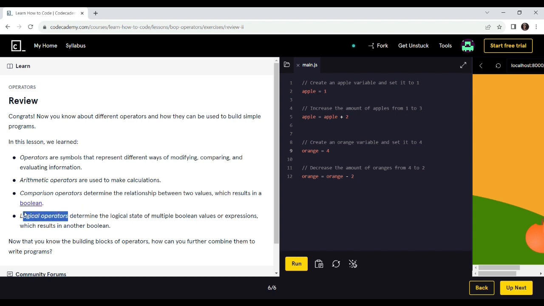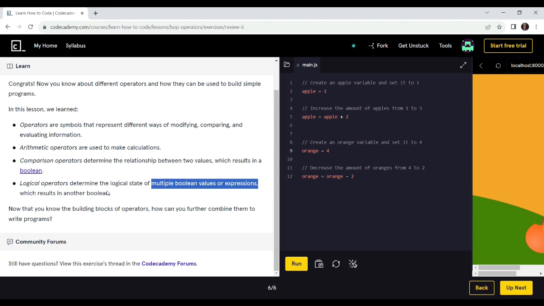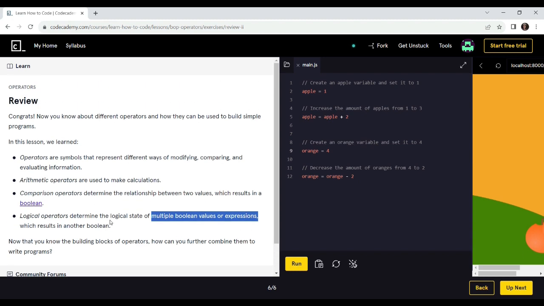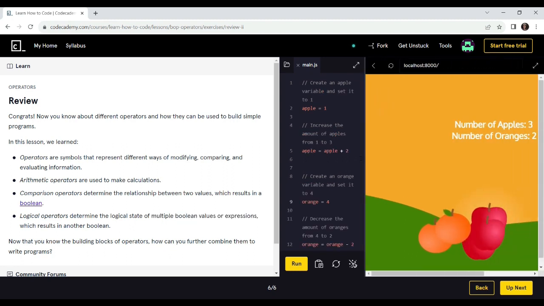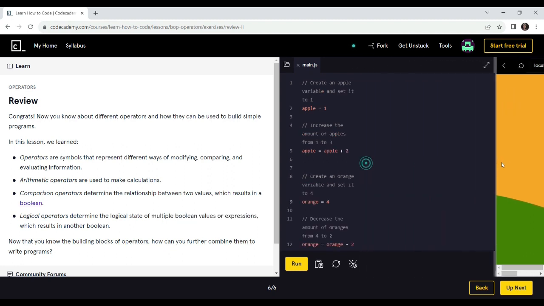And logical operators take the Boolean and comparison operators to another level in the sense that they determine a logical state of a combination of simultaneous Boolean values or expressions. So in review, these types of operators constitute the building blocks of almost every computer program.